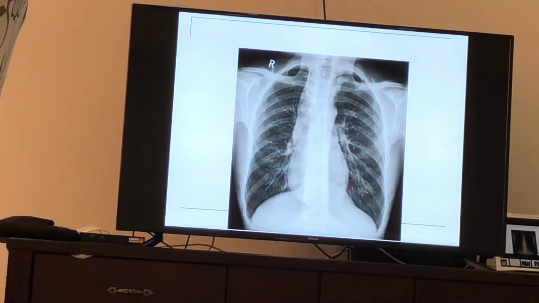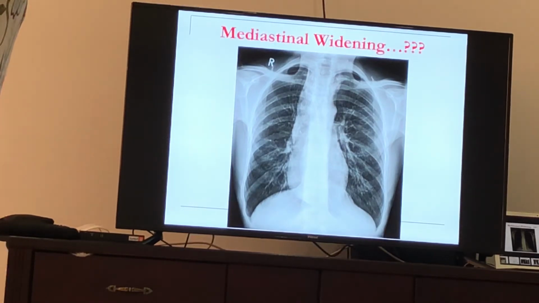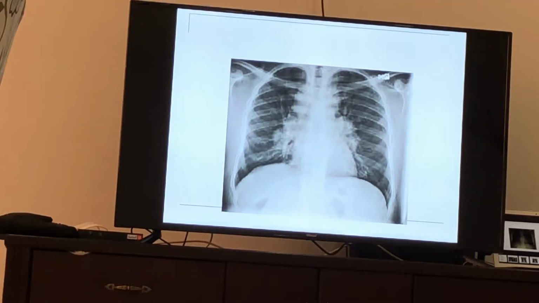For differential diagnosis, anything within the superior mediastinum. In this case specifically it was achalasia. But it is mediastinal widening, for differential diagnosis. Aneurysm could be possible.